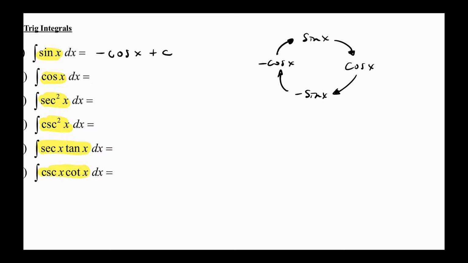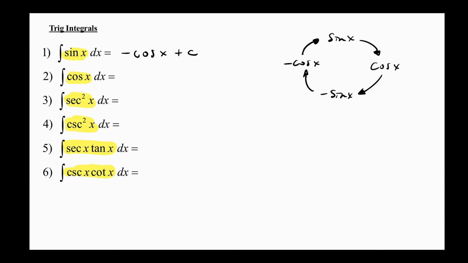So number two, what's the antiderivative of cosine? Sine, regular sine. Okay. Secant squared. Where does secant squared come from? Secant squared sounds familiar. Tangent, right?